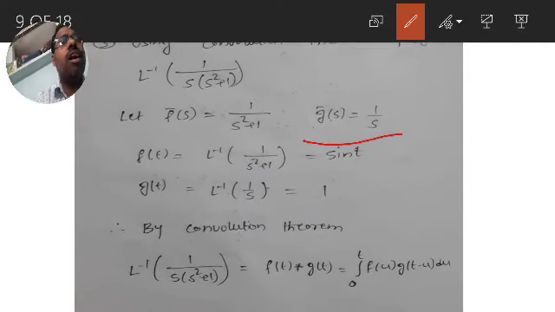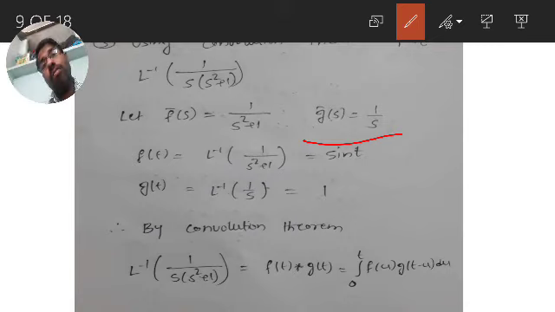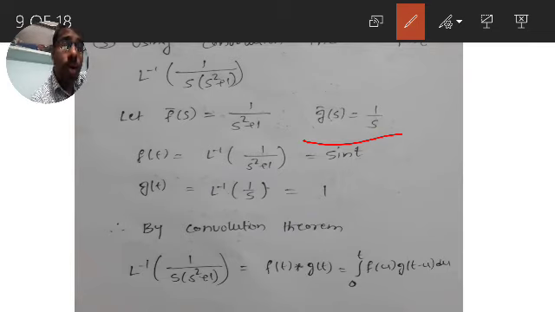Simple function as g bar of s, that is the important point here. In a product, if two functions are different, the simple function you have to choose as g bar of s.